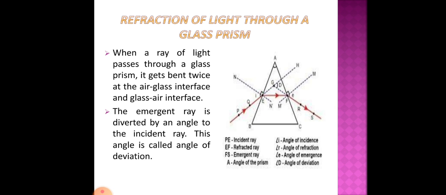So it is more like your refraction of light through a glass slab, but here one thing we need to remember is that the emergent ray is diverted with a certain angle, called your angle of deviation. Clear?